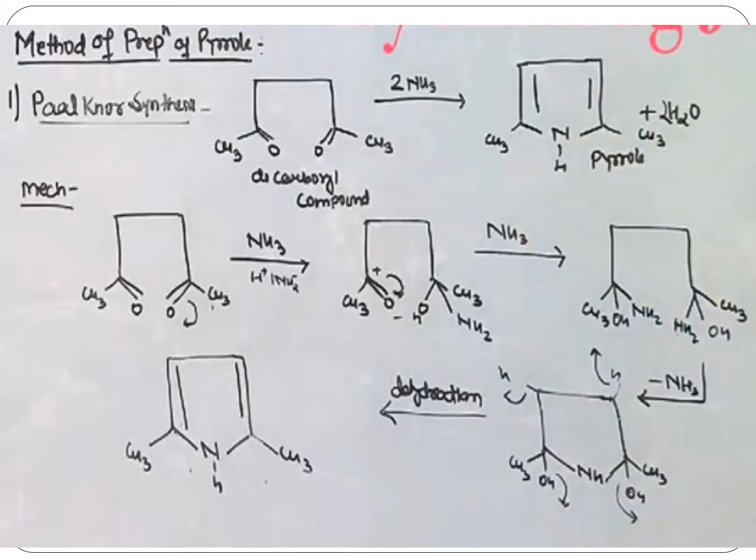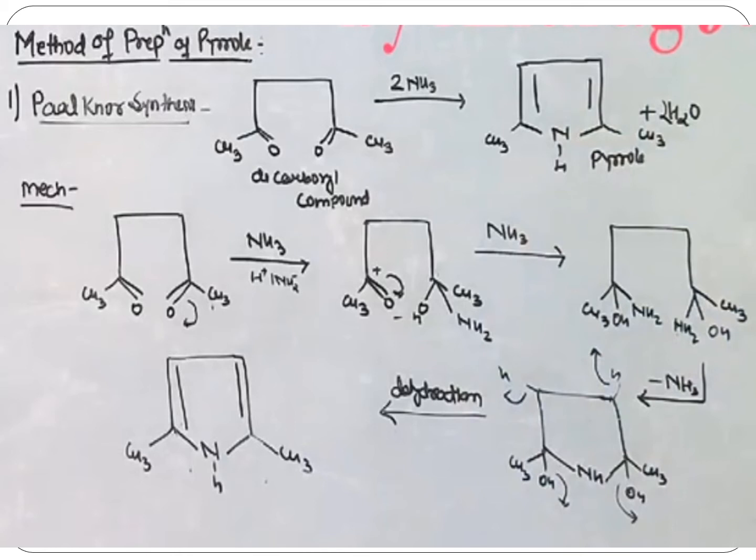And the mechanism: first, the dicarbonyl compound reacts in the presence of ammonia. So first a double bond is broken and H2O is released. Further, a second mole of NH3 reacts, then another double bond is broken and H2O is released. Then in the third process, amination is done in the presence of ammonia.